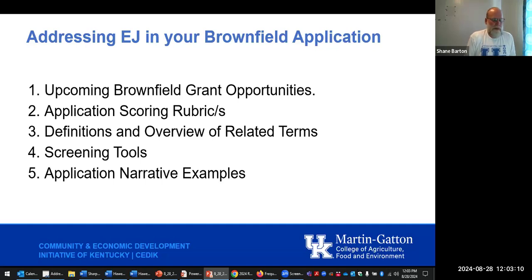We're going to talk about some important definitions to consider as you navigate this, and also share some screening tools that you can use to support your narrative with data. And then lastly, we'll jump into some examples of how communities with successful applications have included this language and addressed environmental justice, as broadly defined in this application process, for their own applications. So we'll jump right in here.